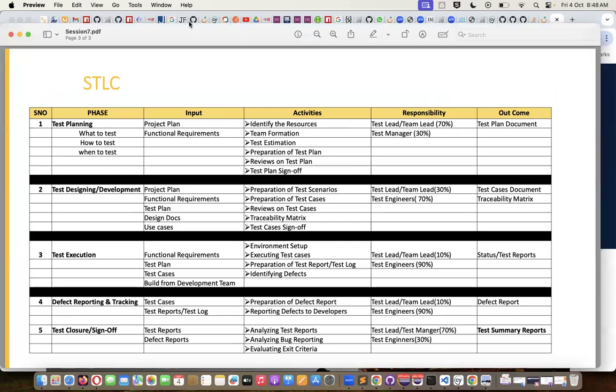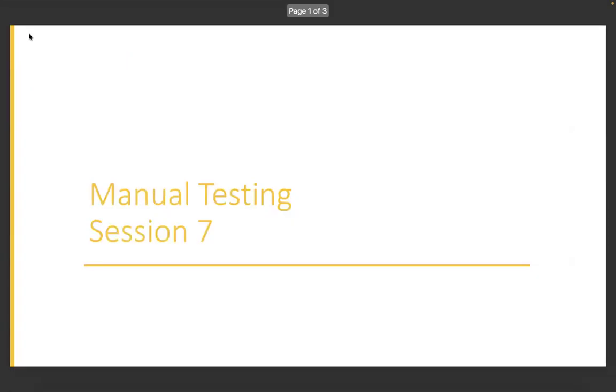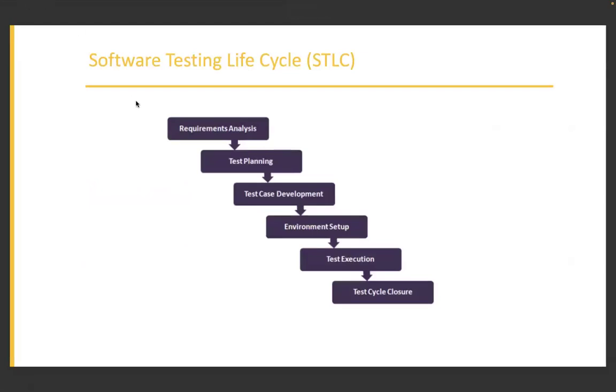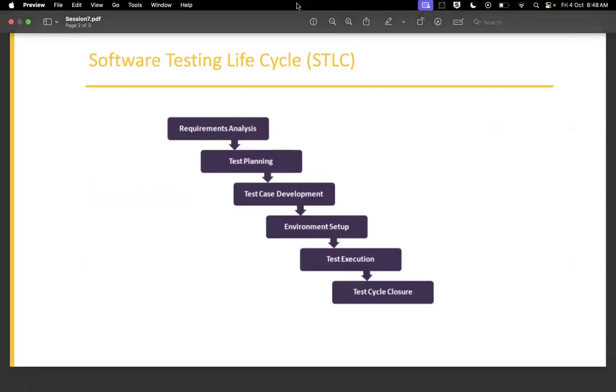Okay, so the next topic is the software testing life cycle. We'll discuss in detail the software testing life cycle, which looks similar to what we have seen in SDLC, but it is purely for the testing phase, guys.